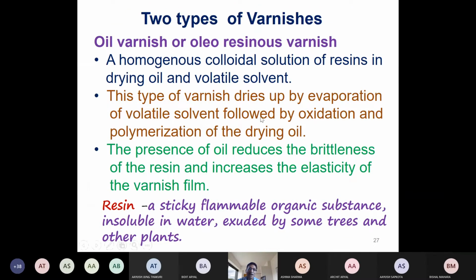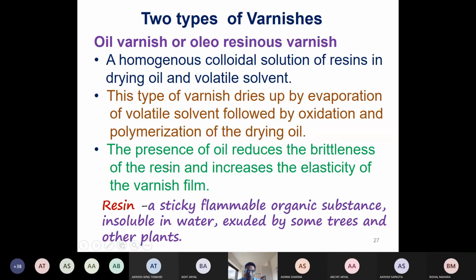There are two types of varnishes: oil varnish and oleoresinous varnishes. Different names are given to a homogeneous colloidal solution of resin in drying oil and volatile solvent. This type of varnish dries up by evaporation of volatile solvent followed by oxidation and polymerization of drying oil.